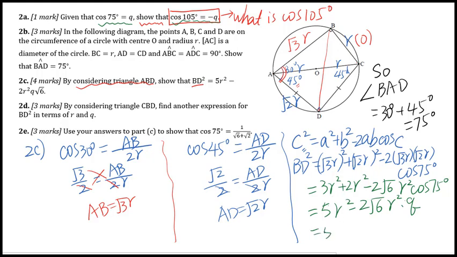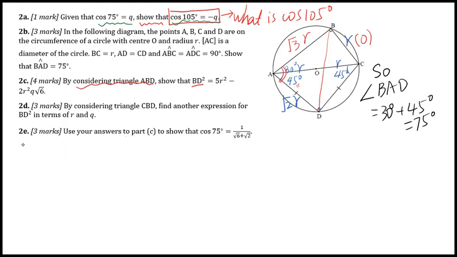You will get 5r squared minus 2r squared times q times the square root of 6. So you get the BD squared is this. My last step, just make the same as the show that.